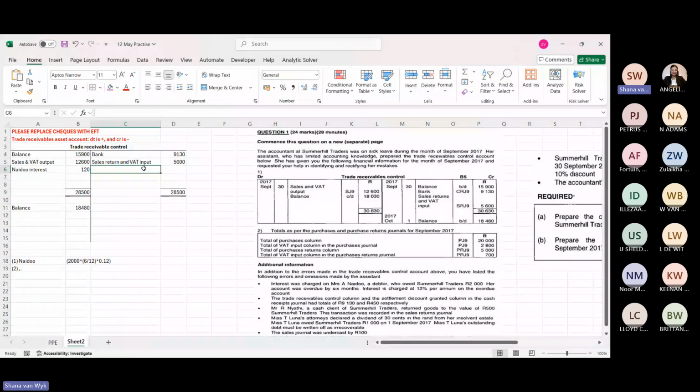So I wanted to add the 450 here. Yeah, discount granted. Cool beans. So let's just say here, discounts. Number 3. Mr. Nioti returned goods.